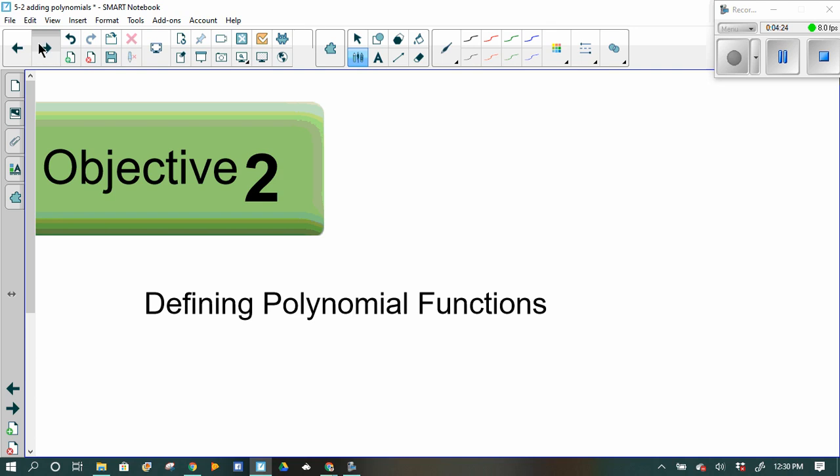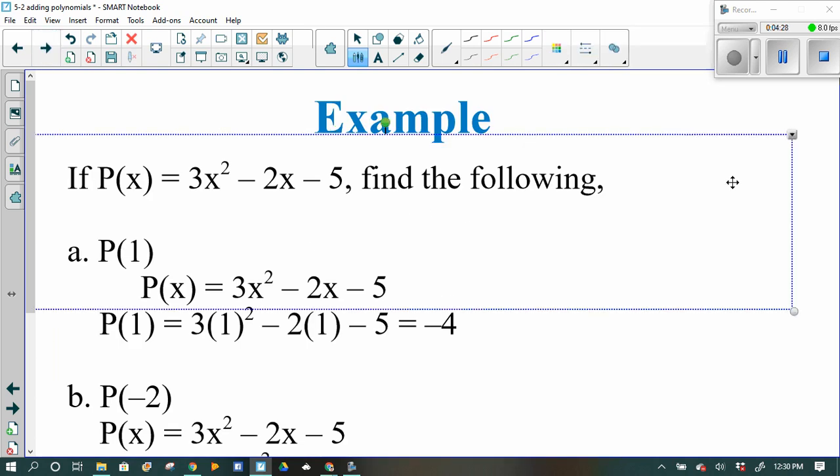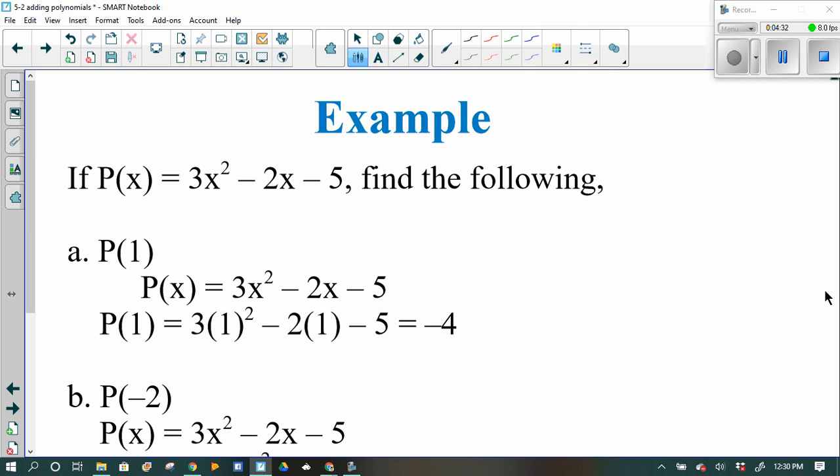Okay, so now evaluating them. If p of x equals 3x squared minus 2x minus 5, find the following. So p of 1, in other words, they're saying that x is 1. So what you want to do is everywhere you see an x in your polynomial, you're going to replace it with a 1. So p of x will become p of 1.